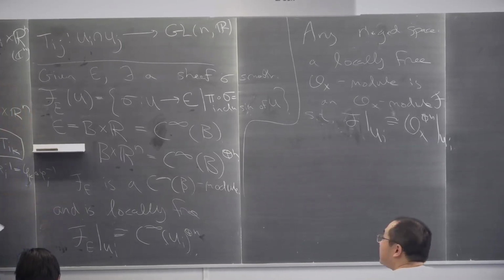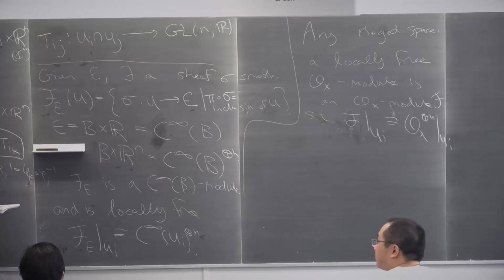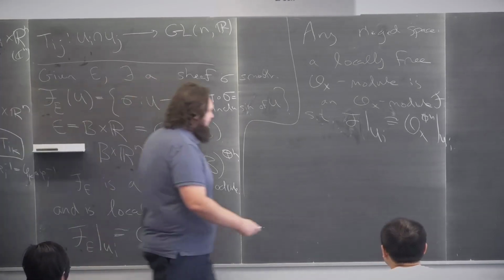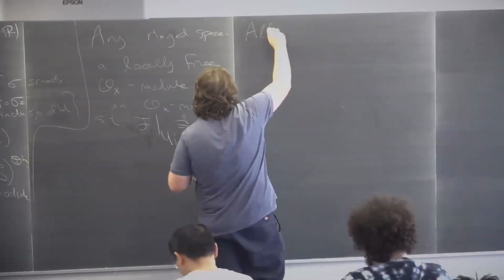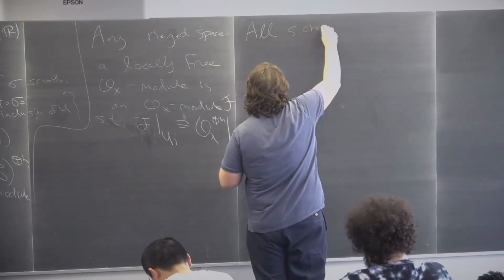So I think if you take a general ring space, probably you can cook up some weird example where it doesn't work. But yes, on good schemes, everything will be fine. And a general announcement to make my life easier: from now on, all schemes are locally Noetherian.